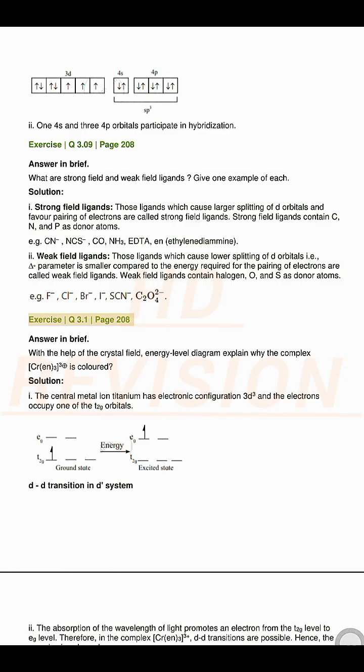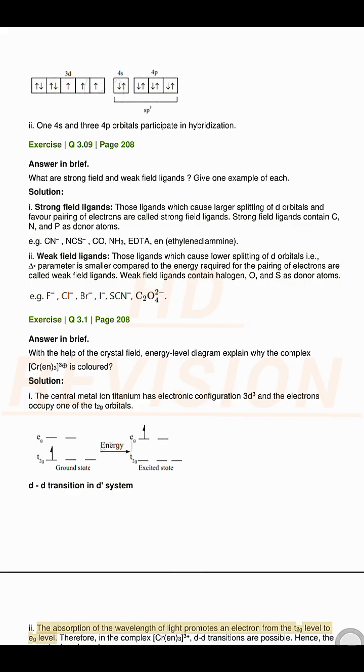Exercise Q3.10, page 208. Answer in brief. With the help of the crystal field energy level diagram, explain why the complex [Cr(NH3)6]3+ is colored. Solution. I. The central metal ion chromium has electronic configuration 3d3 and the electrons occupy the t2g orbitals. II. d-d transition in d3 system. III.